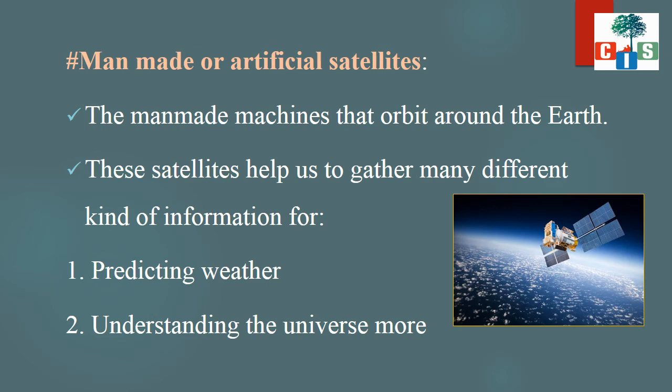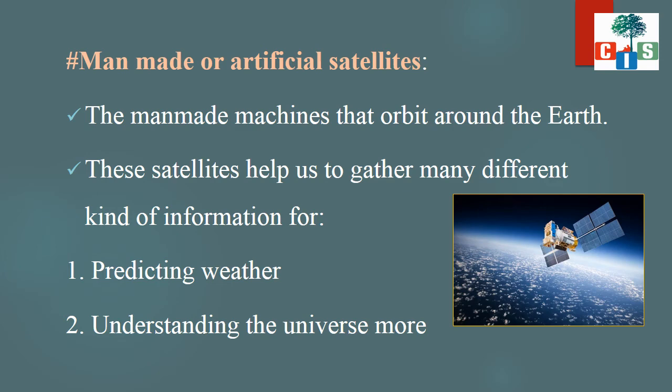So what are artificial satellites? Artificial satellites or man-made satellites are machines, and these machines are sent to space and they also orbit around the Earth like the natural satellite. You can see one artificial satellite in space revolving around the Earth. These satellites help us gather many different kinds of information.